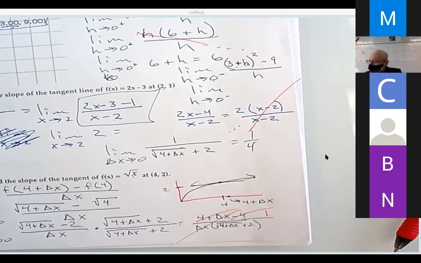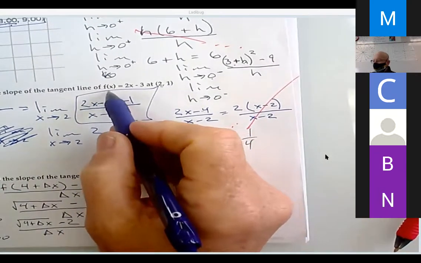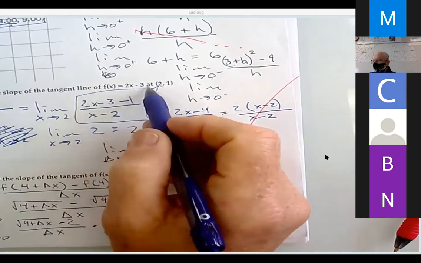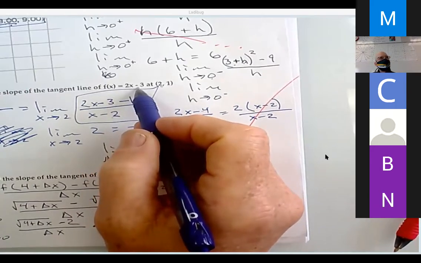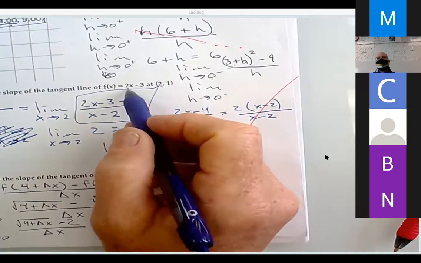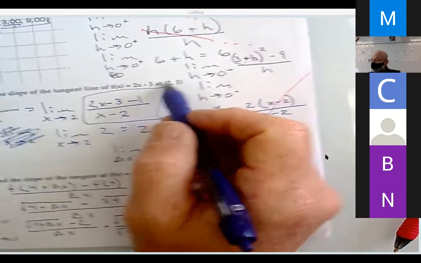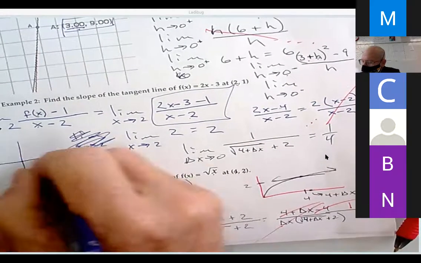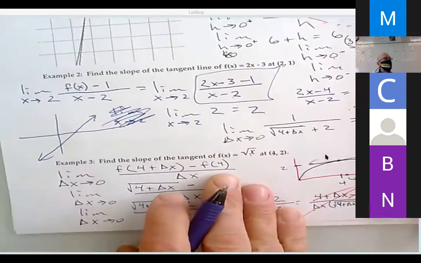2. Now, this equation, 2x minus 3, that's a line, isn't it? And the slope of this line is 2. Correct? Remember yesterday I said it has no concavity? It looks like this. That's what that line looks like.